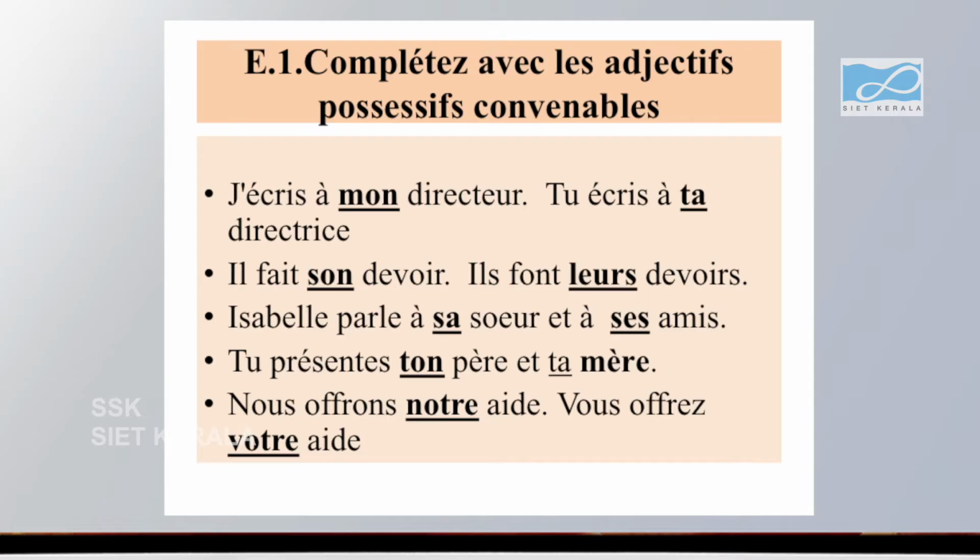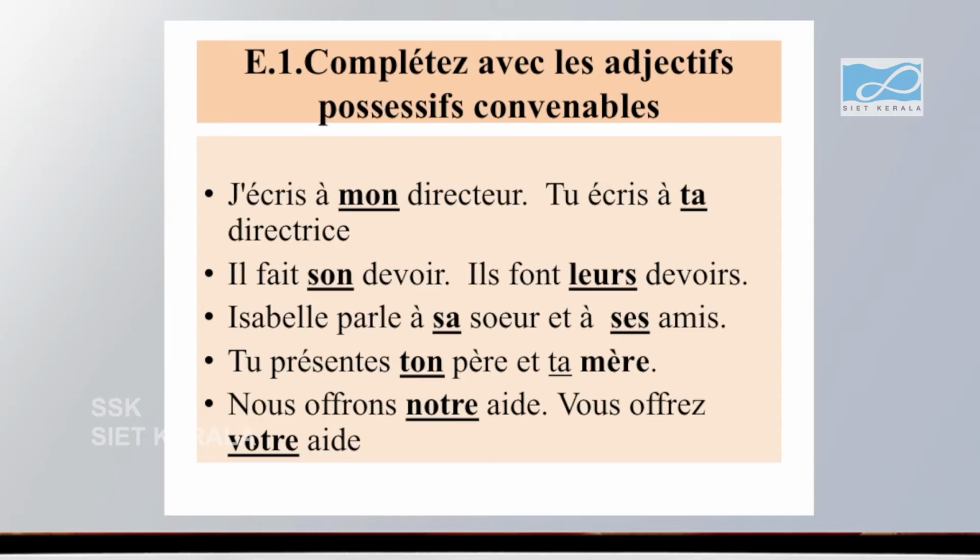Directrice is feminine, so you get tu écris à ta directrice. Il fait son devoir. He is doing his homework. Ils font leur devoir. So ILS is the plural form. The corresponding possessive adjective becomes LEURS.